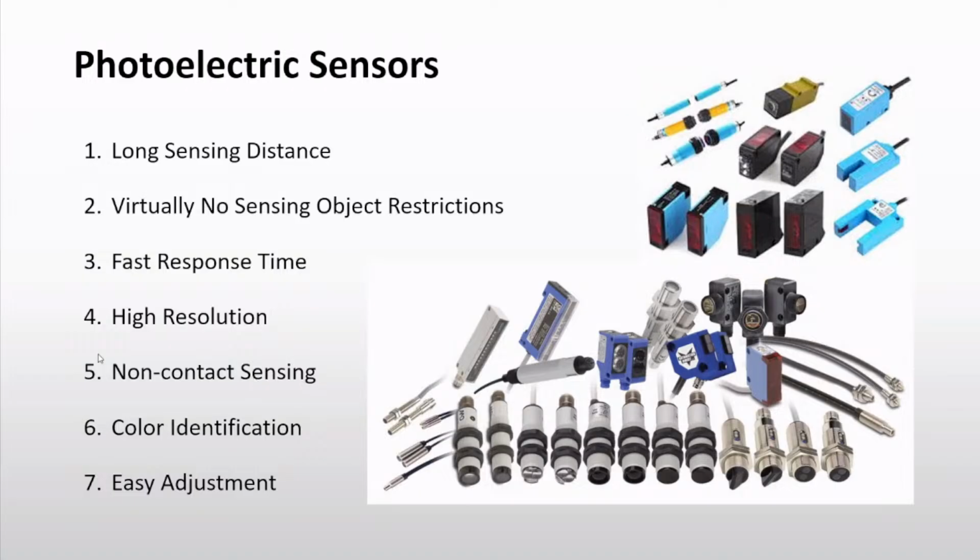This is very important, because using only a light beam we can detect an object without any contact. The other thing is that light beams can travel long distances. Therefore, photoelectric sensors have a long sensing distance.